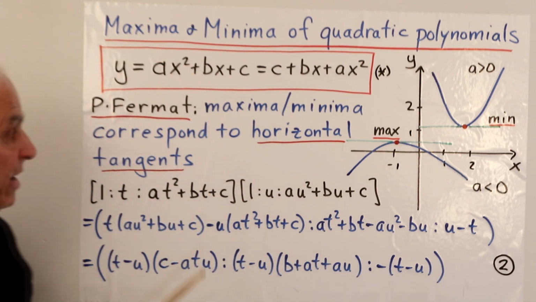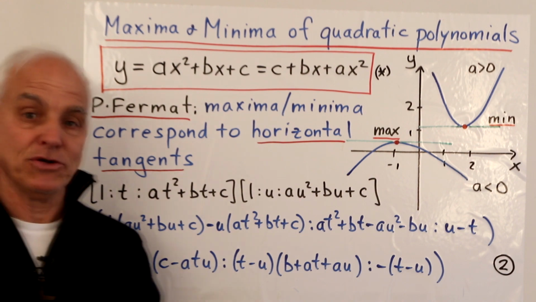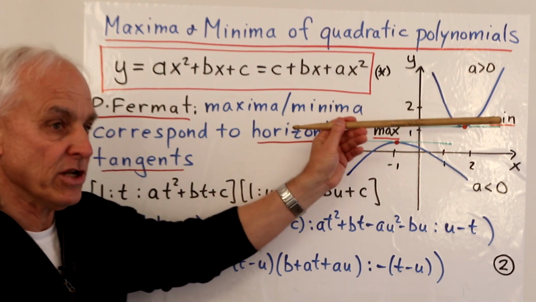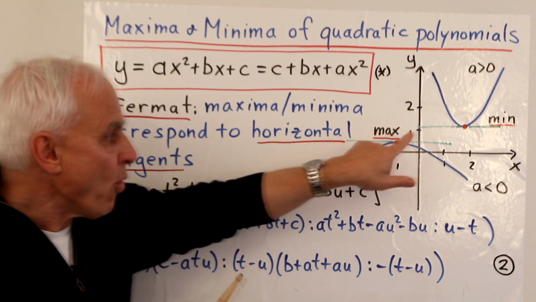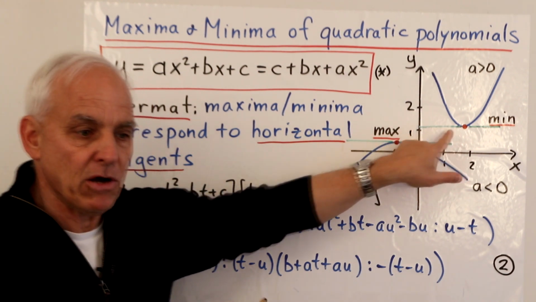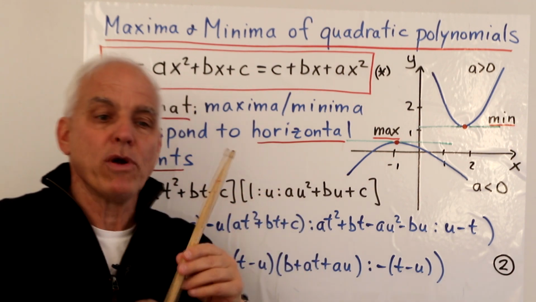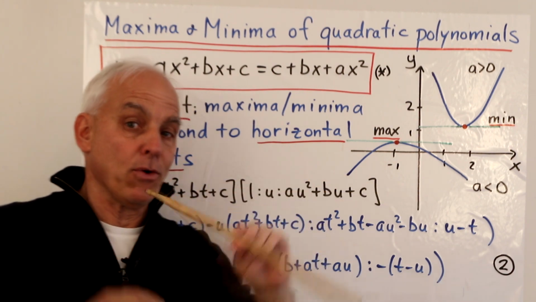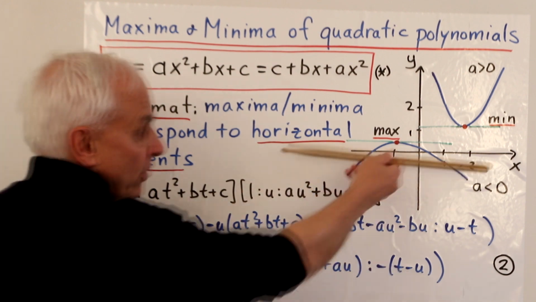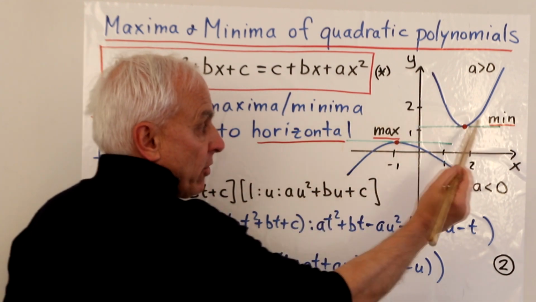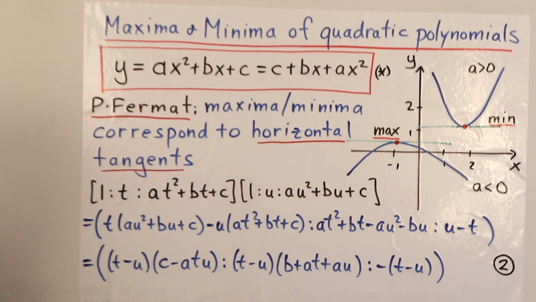Okay, so Pierre Fermat explained how to do this. The key, he thought, was to look at tangents. And the points where we have maxima or minima, locally, are the points where the tangents are exactly horizontal. Horizontal tangent corresponding to a maximum, horizontal tangent here corresponding to a minimum.